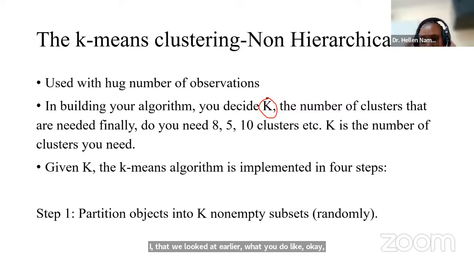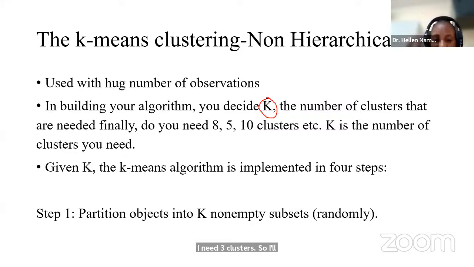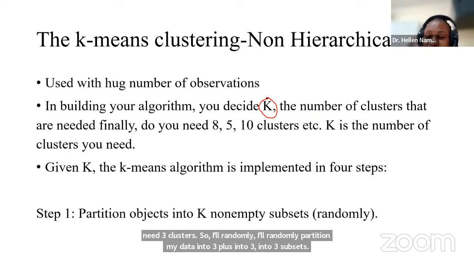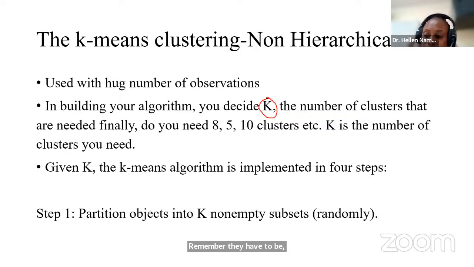Let me assume that I need 3 clusters. So I'll randomly partition my data into three subsets. Remember, they have to be non-empty, implying that these different subsets will have the attributes of interest that we are looking at.